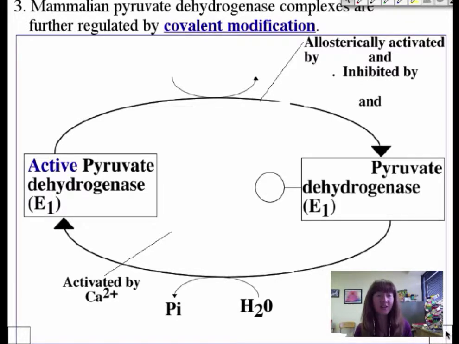So the active pyruvate dehydrogenase is the dephosphorylated form. So when E1 is dephosphorylated, it is going to be popping out products. However, when you get the addition of a phosphoryl group by the hydrolysis of an ATP and the converter enzyme acting on E1, so E1 would be the interconvertible enzyme, the converter enzyme would act on that. It does so by transferring a phosphoryl group from ATP onto the E1 enzyme.